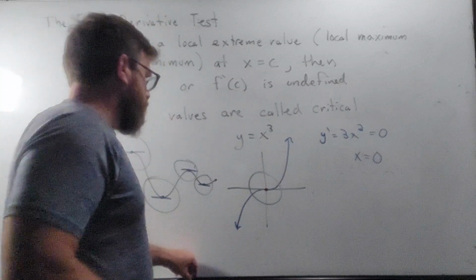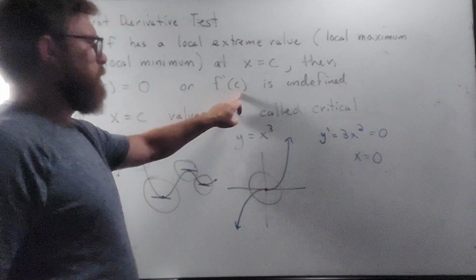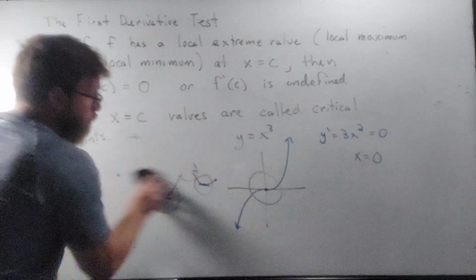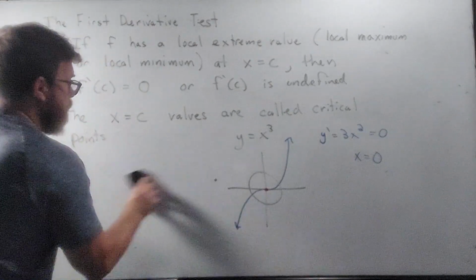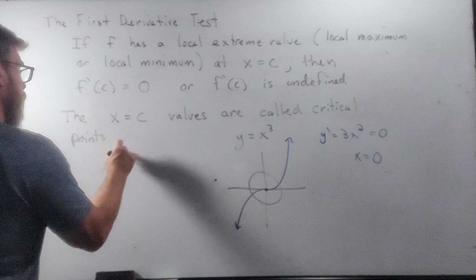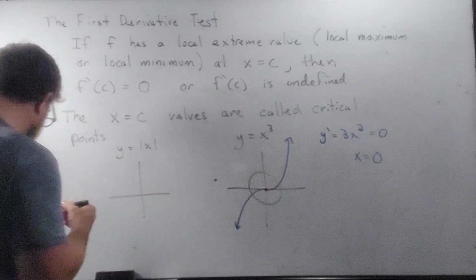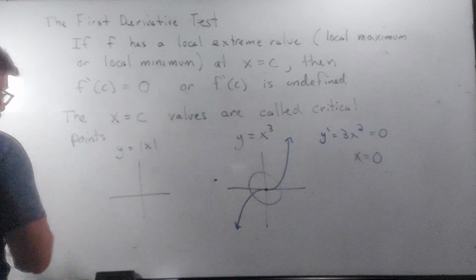I also wanted to explain why I talked about this undefined part. Functions aren't always smooth. You can look at an absolute value function, something like y is equal to the absolute value of x, and we know that this function has that V shape.